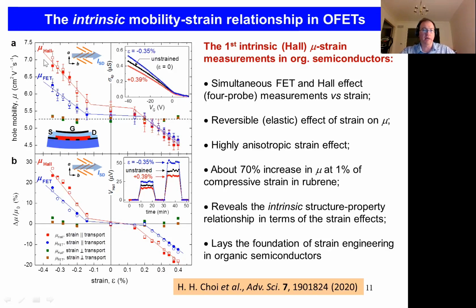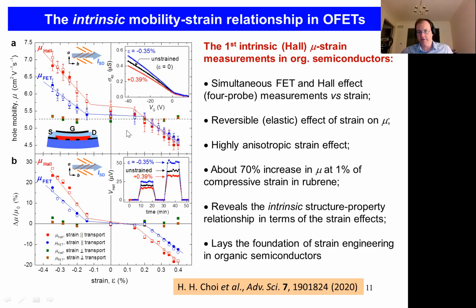Okay, so in the regime of strain along the transport direction, you can calculate that the effect of strain is pretty significant. It calculates to about a 70% increase in the mobility at 1% of compressive strain, and it's quite symmetric. There is a little bit of a plateau region, or maybe you can call it a threshold-like region in the middle for very small values of strain.